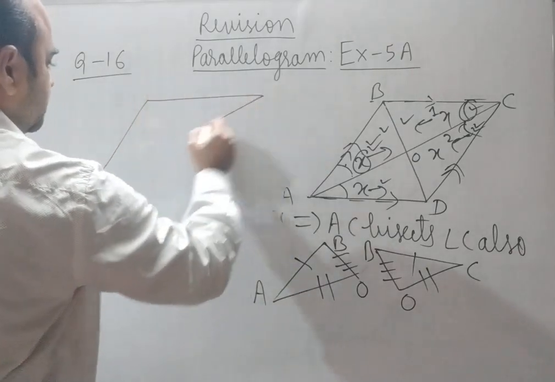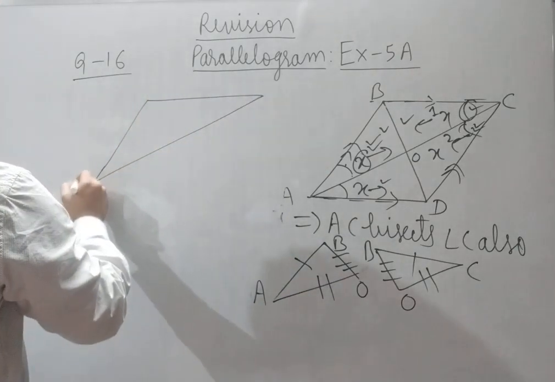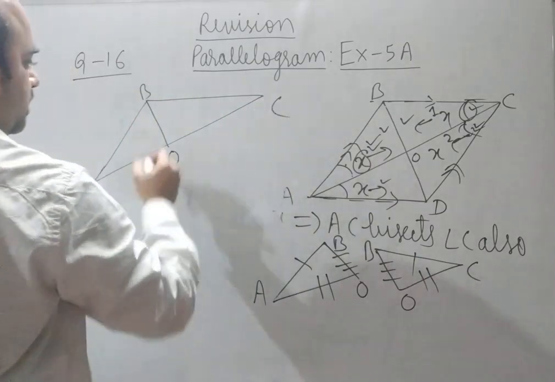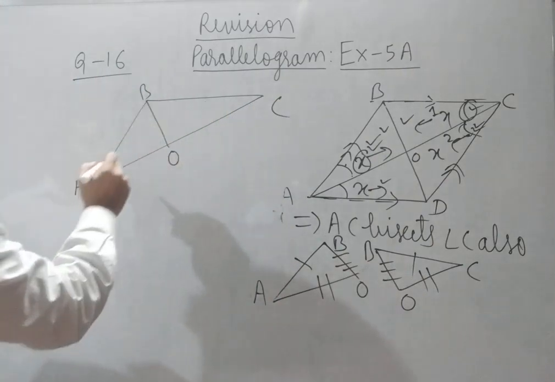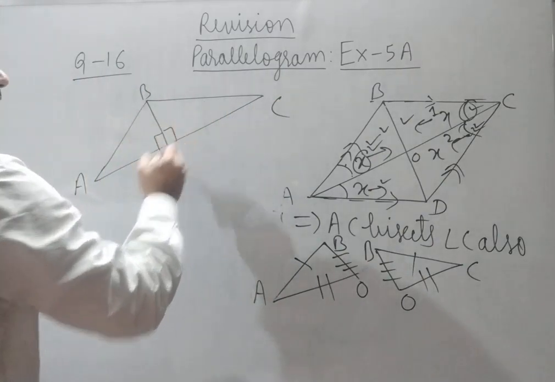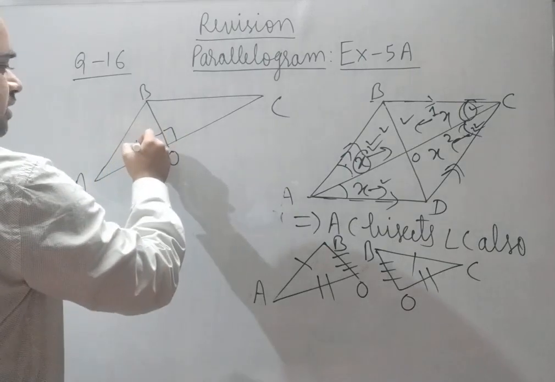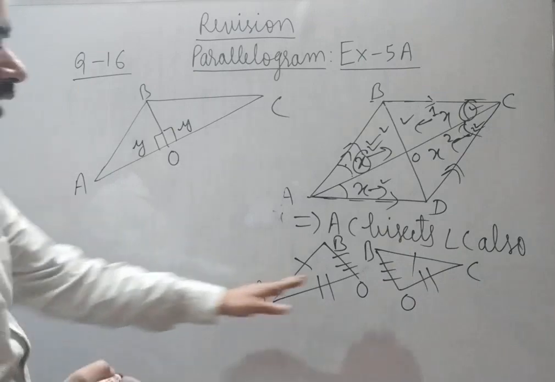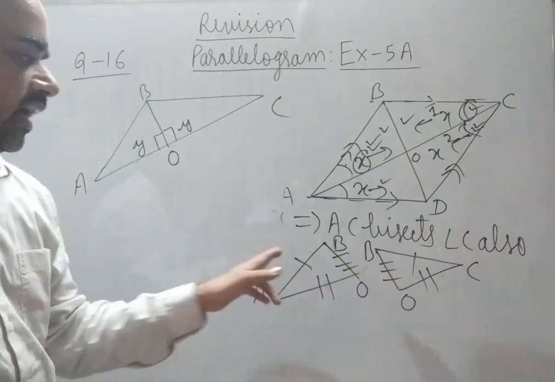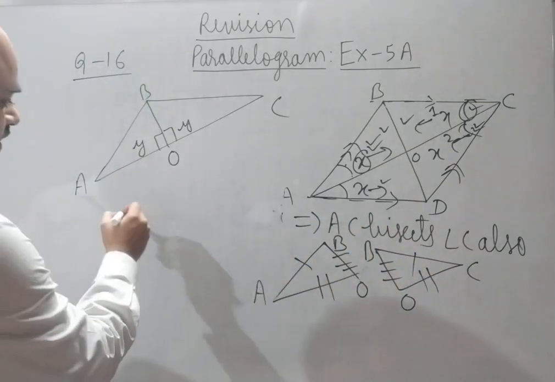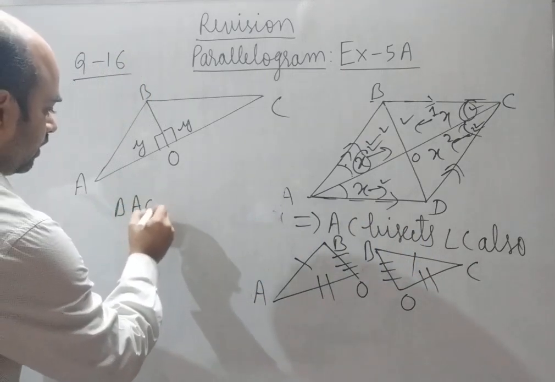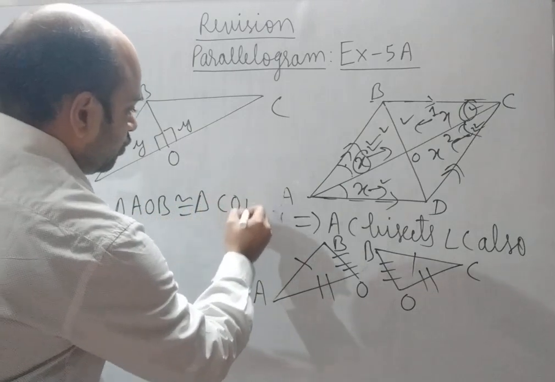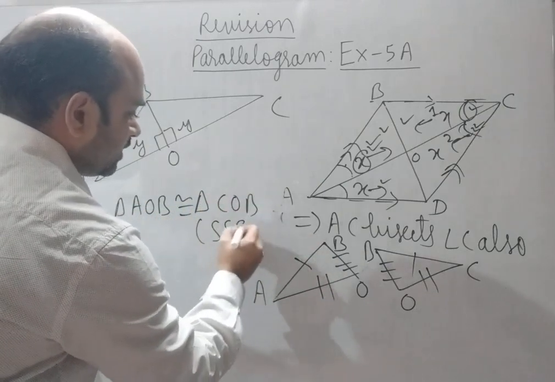If these two triangles are congruent, it means these two angles will be equal by CPCT. Suppose this is Y, this will be also Y, and AOC is a straight line. Correct? These two triangles are congruent by SSS. Which two triangles? Triangle AOB is congruent to triangle COB by the criteria SSS.